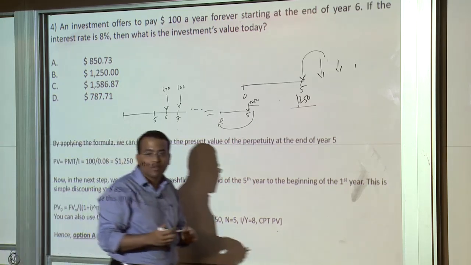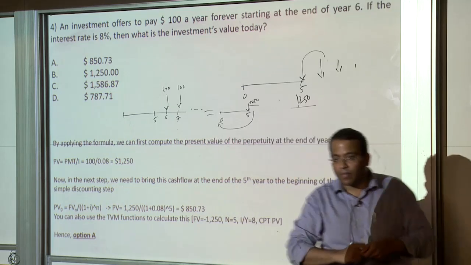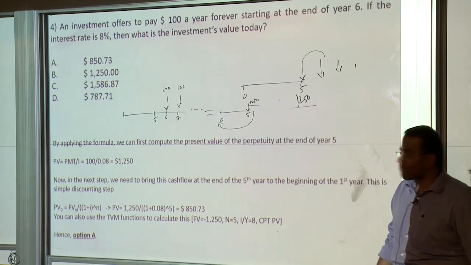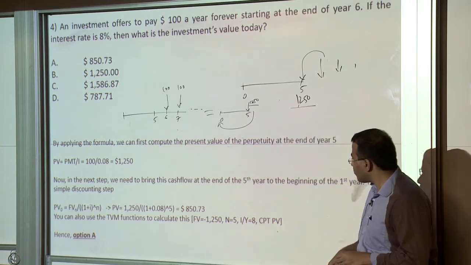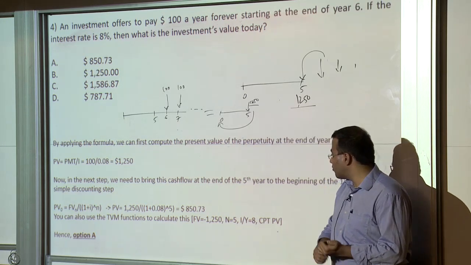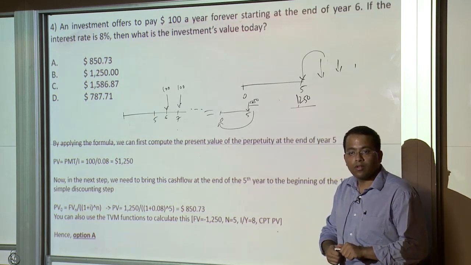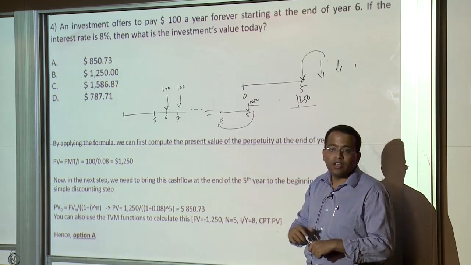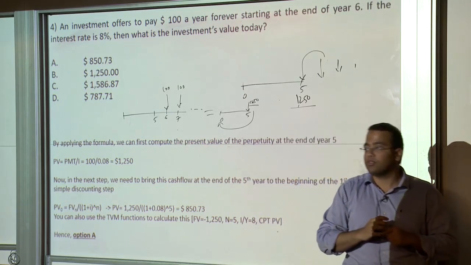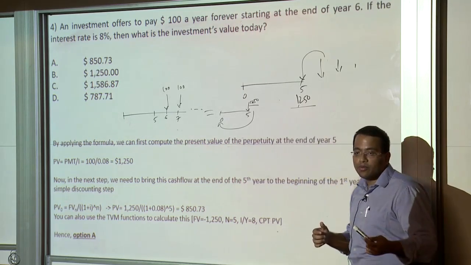How would we use it with the calculator? What would we put as payment? At the bottom it says you can calculate this: future value equals 1250, n equals 5, I equals 8, present value, so payment would be 0. There are no payments. Are there any payments in between? I can see what you mean.